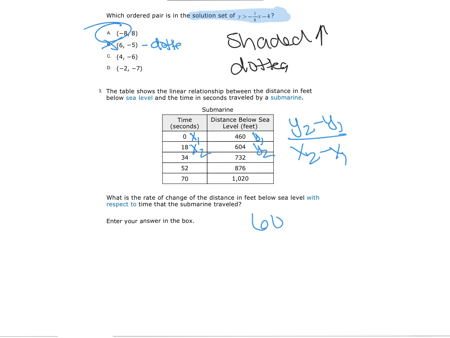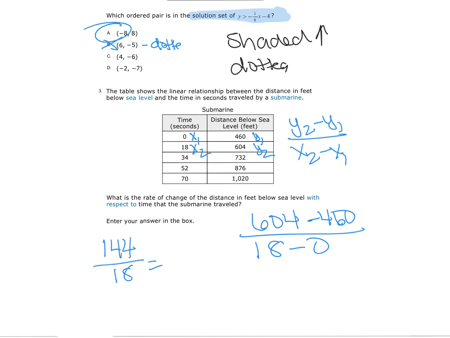I have 604 minus 460 over 18 minus 0, and this is a good time when you can plug all of this into Desmos. So we have 604 minus 460, that is 144, and then 18 minus 0 is 18, and we simplify that. We have a rate of change of 8.